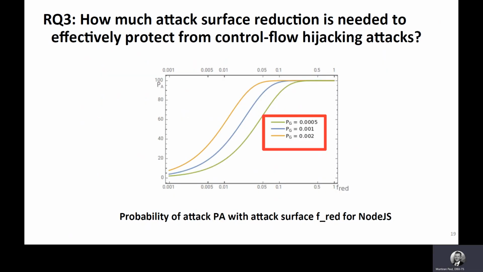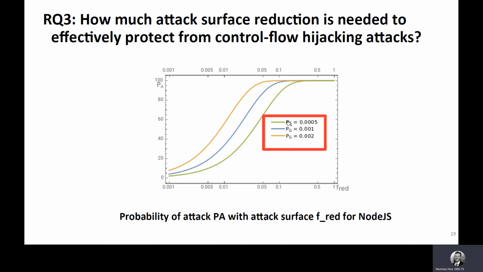Next, the question was how much attack surface reduction is needed to effectively protect from control flow hijacking attacks. Here we devised a theoretical approach to look at this. We devised a formula in which we manipulate the parameter PG.